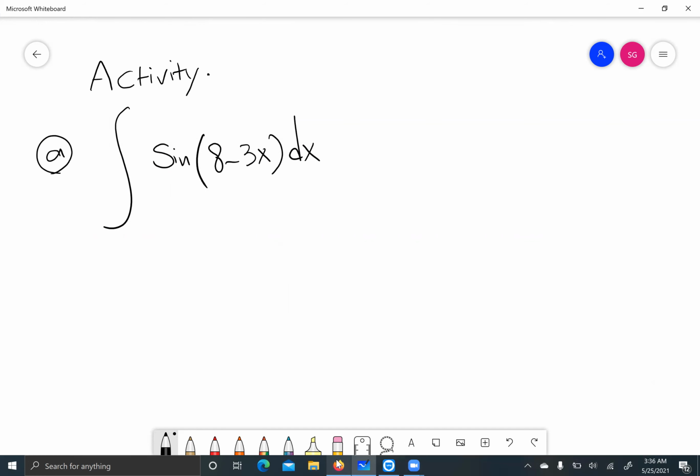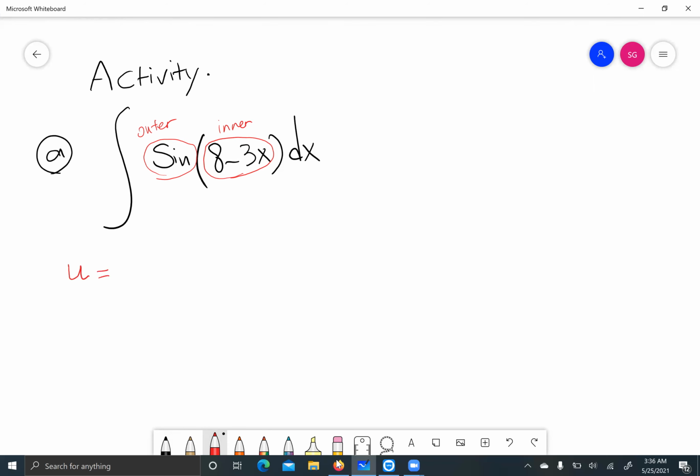If this was just sine x, I would say cosine, but it is sine of 8 minus 3x. So there is an inner function, you see? Sine is the outer function, 8 minus 3x is the inner function. So here I have a composition of a trig function and a linear function. That means we need to use u substitution.